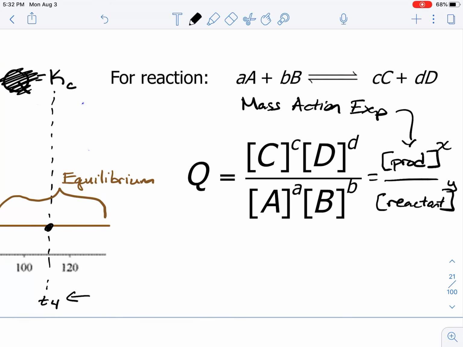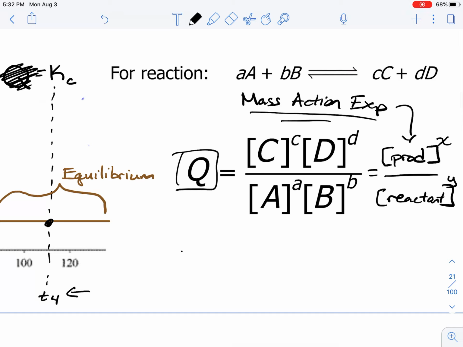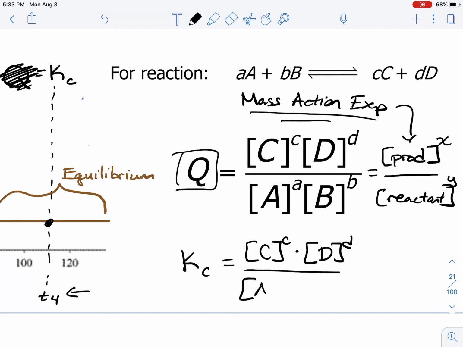And so if we wanted to calculate the reaction quotient, we can write the mass action expression in a similar way that we did for the equilibrium constant, where the equilibrium constant Kc is represented by the concentration of substance C raised to its coefficient, substance D raised to its own coefficient, over substance A raised to its own coefficient, times substance B raised to its own coefficient.